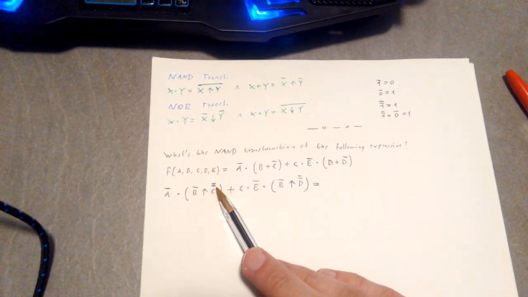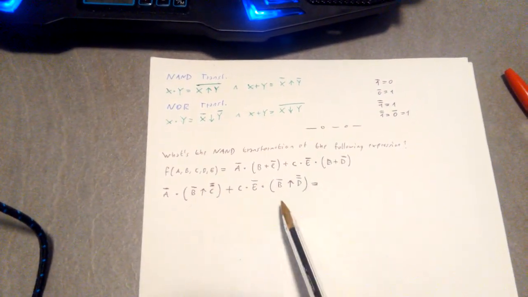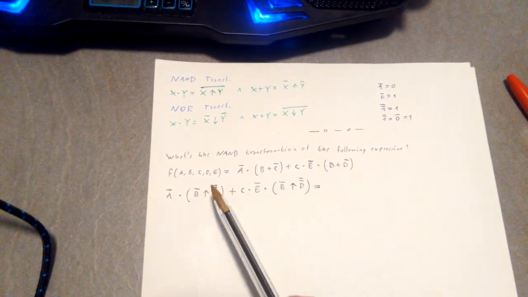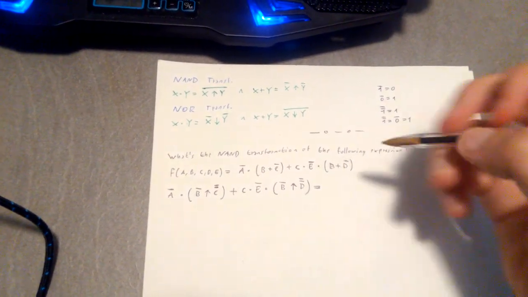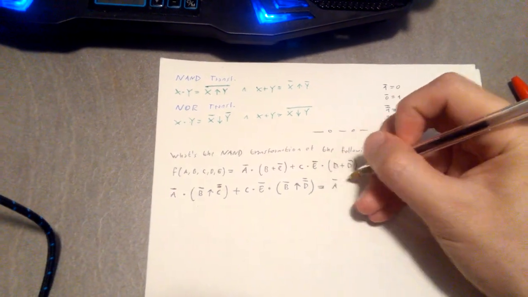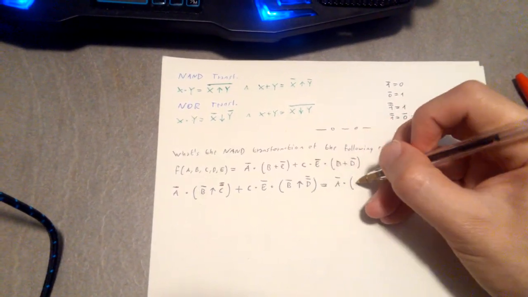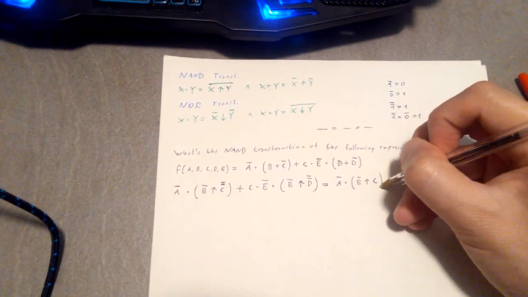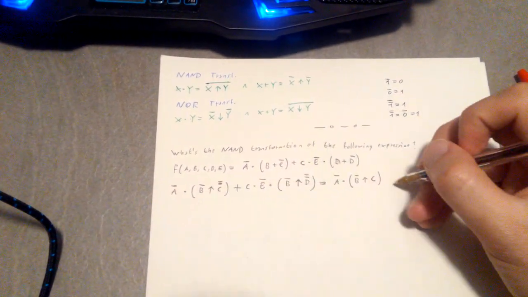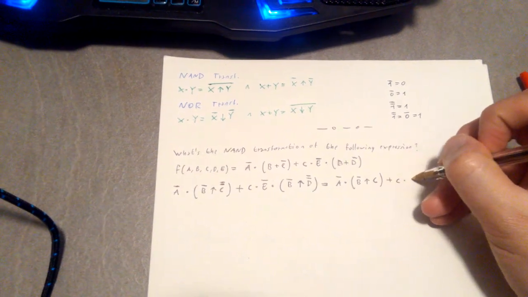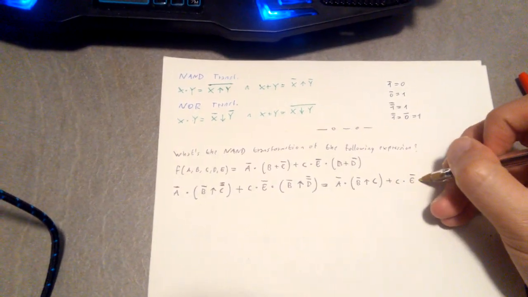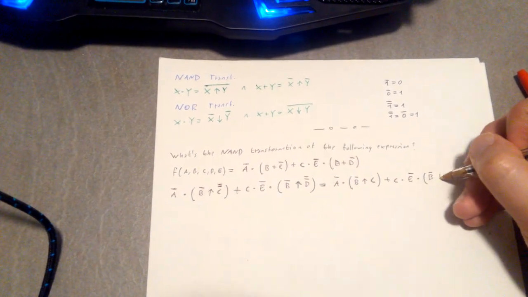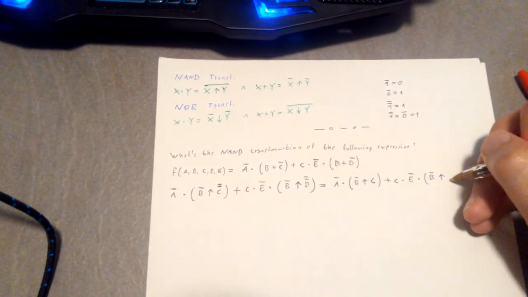Whenever you have a double not, you can simply rewrite it as the original value, so the original c and the original d. So we get a not times b not, c without the double not, plus c times e not times b not, and then just d.